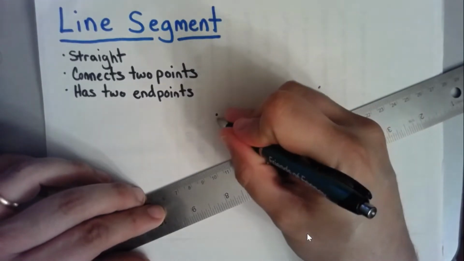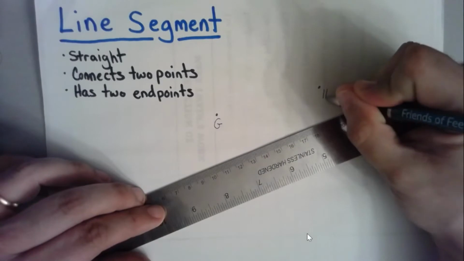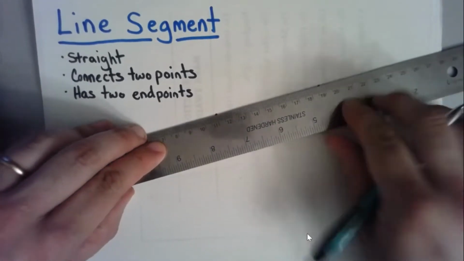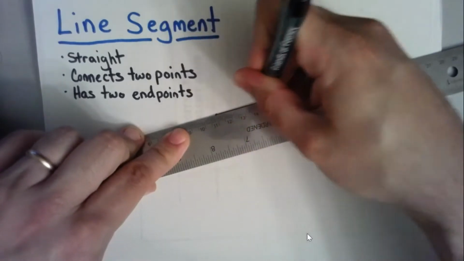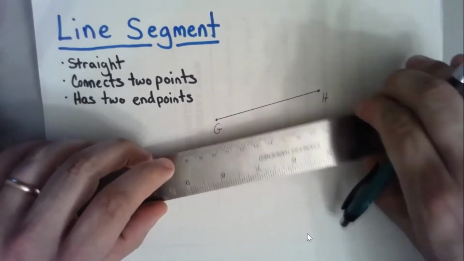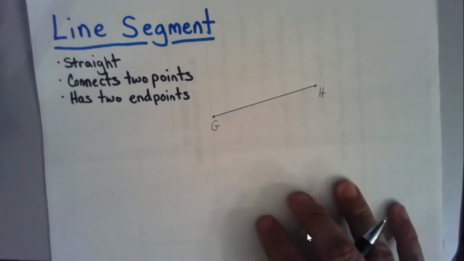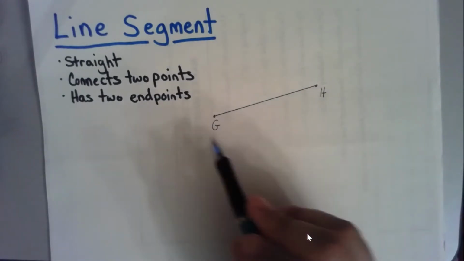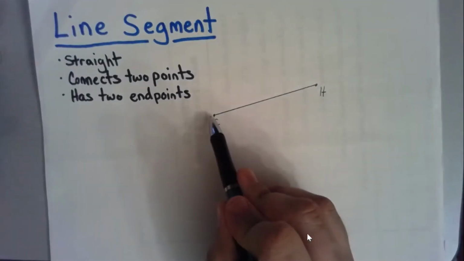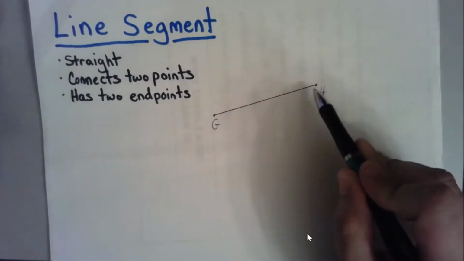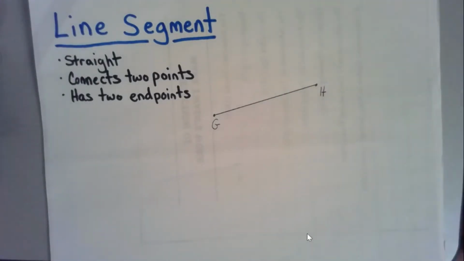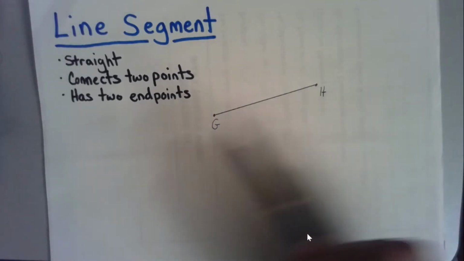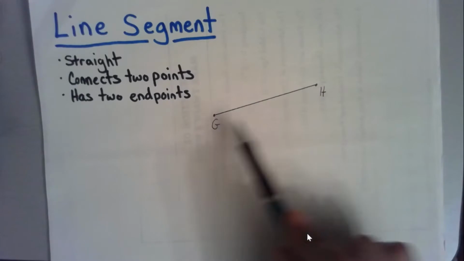E and F. So let's make this point G and point H. I can connect these right over here. And you can see now that I've drawn a line segment. It's straight, it connects 2 points, and those are endpoints, meaning it doesn't continue on in this direction, it doesn't continue on in that direction. It has a beginning and an end. We don't really know which is the beginning, which is the end. It doesn't matter. The idea is that both of these are endpoints.